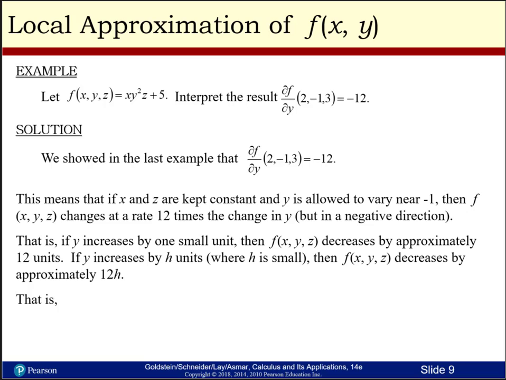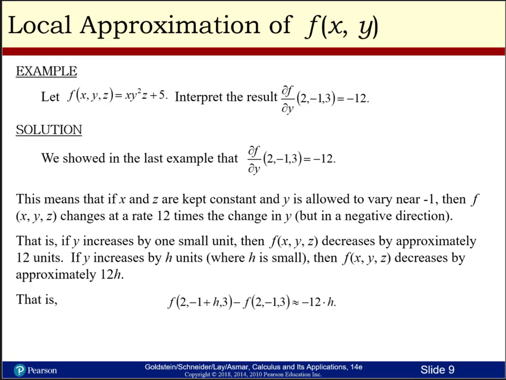If y increases by h units, where h is very small, then f of x, y, z decreases by approximately 12h. That is, f of 2, -1 plus h, 3, minus f of 2, -1, 3 is about equal to -12 times h.